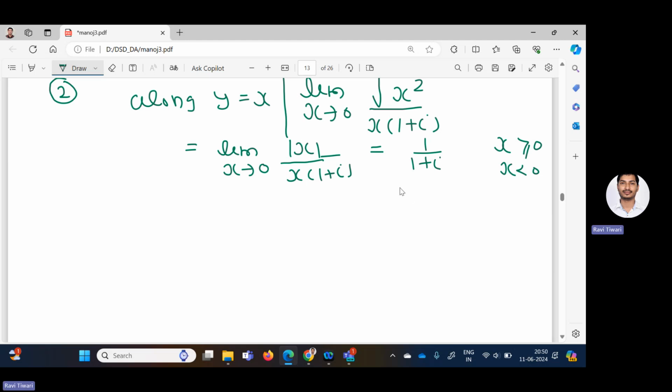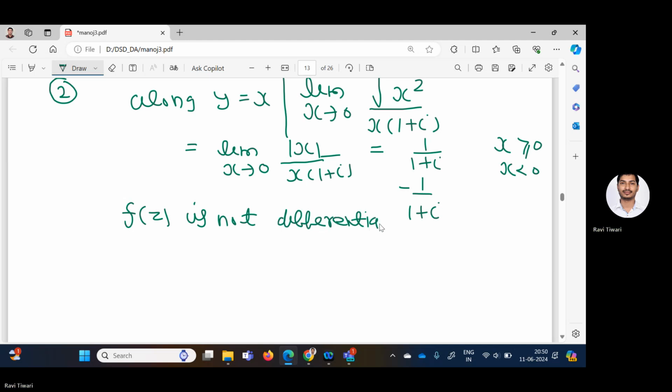So the left and right hand derivatives are different. So this function f z is not differentiable at z equal to 0.